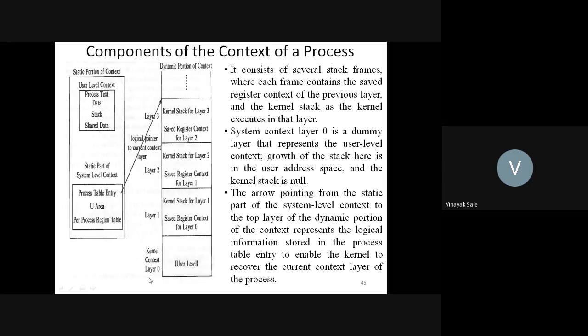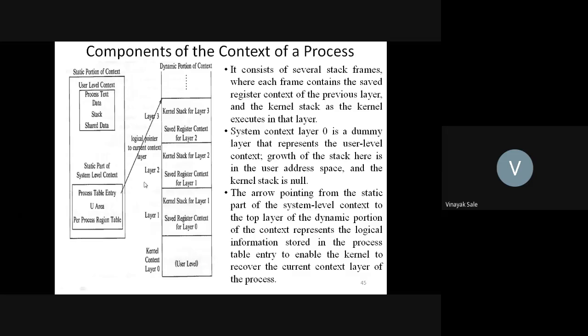System context layer 0 is a dummy layer which represents user level context. Here is the user address space, and the kernel stack is null.